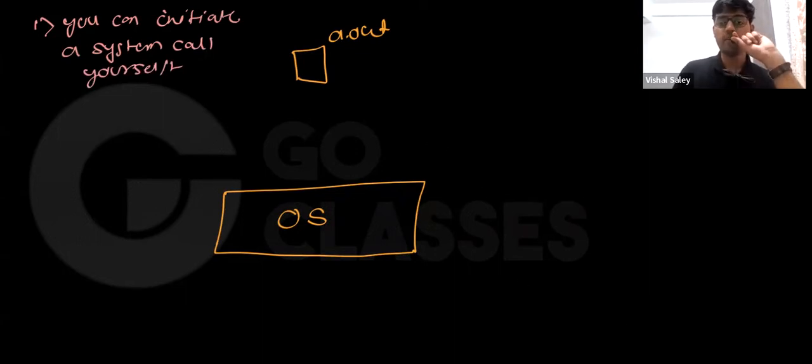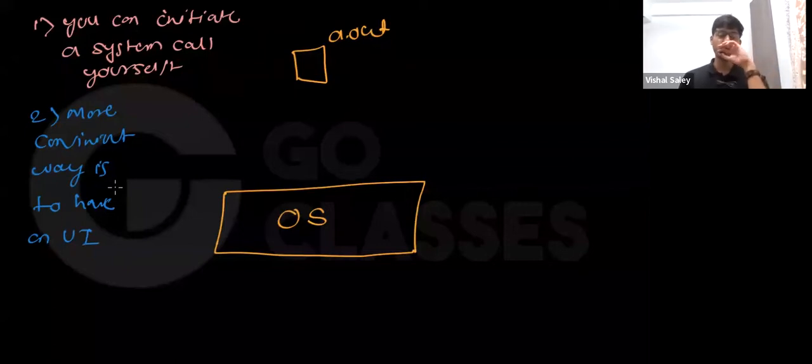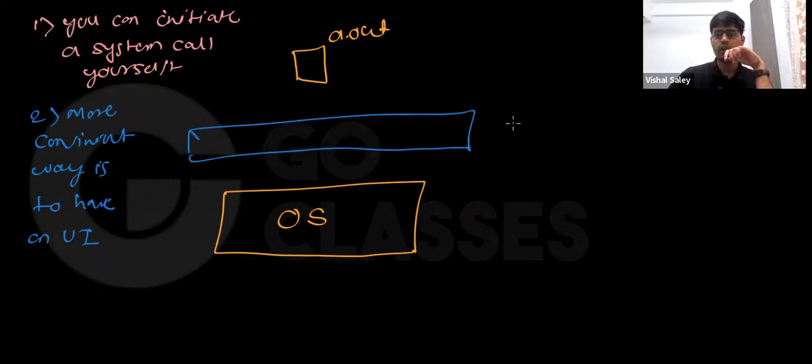But there is a more convenient way, which is to have a UI. For example, if you want to play a song, it's very inconvenient to type some system call every time. You just wanted to play a song, would you go and type an initiator system call? That's very painful. So generally there is another component in between, which is basically a UI component.